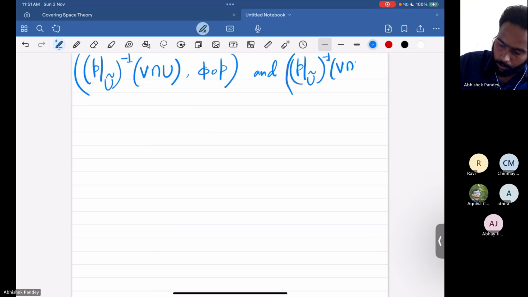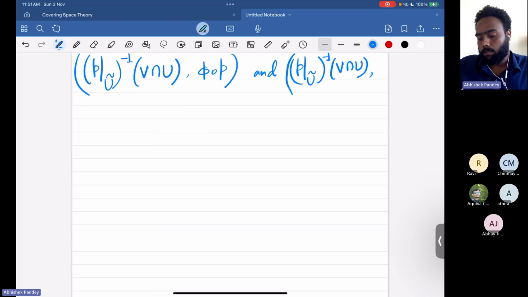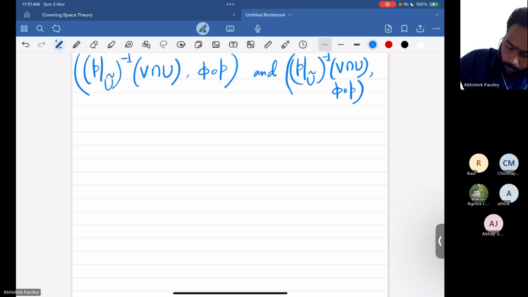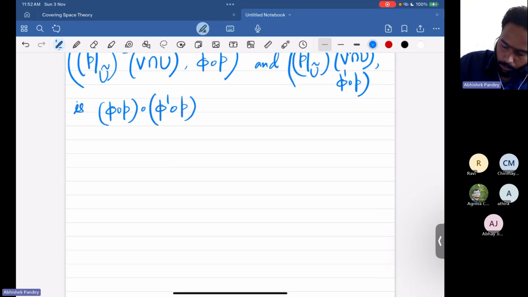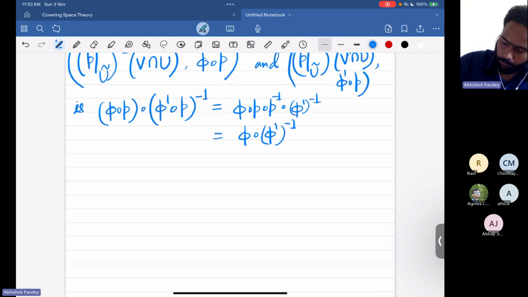Here it should be V dash and phi dash. Phi dash composed with P inverse is nothing but phi composed with phi dash inverse.